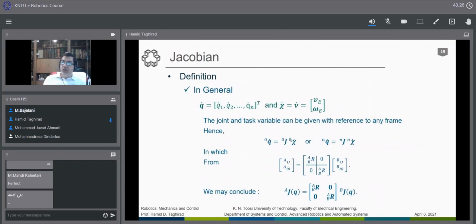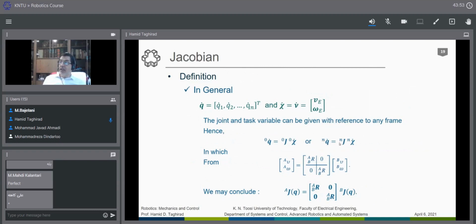If these are both on the 0 frame, the Jacobian is found on the reference frame. So we have a Jacobian matrix represented in the reference frame. But this could be represented in any frame. So it could be represented in the first frame, second frame, or usually, which is more important, at the last frame, which we call the N frame.